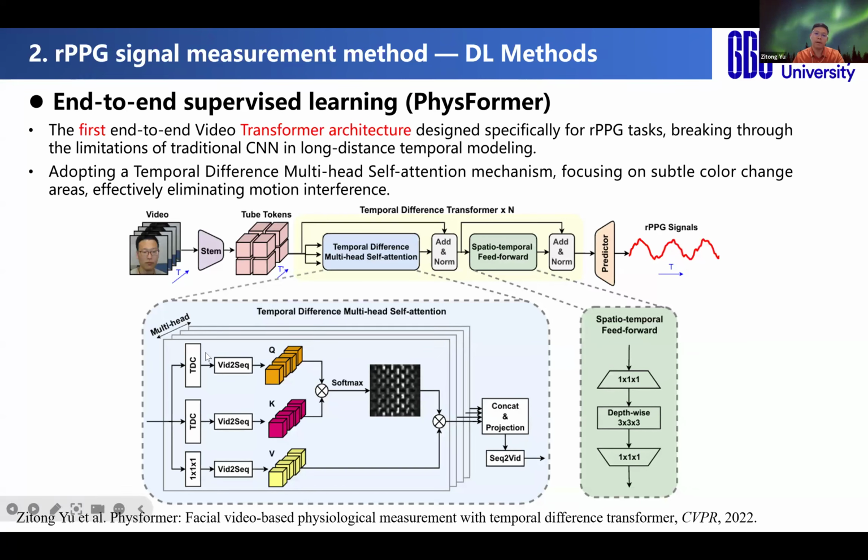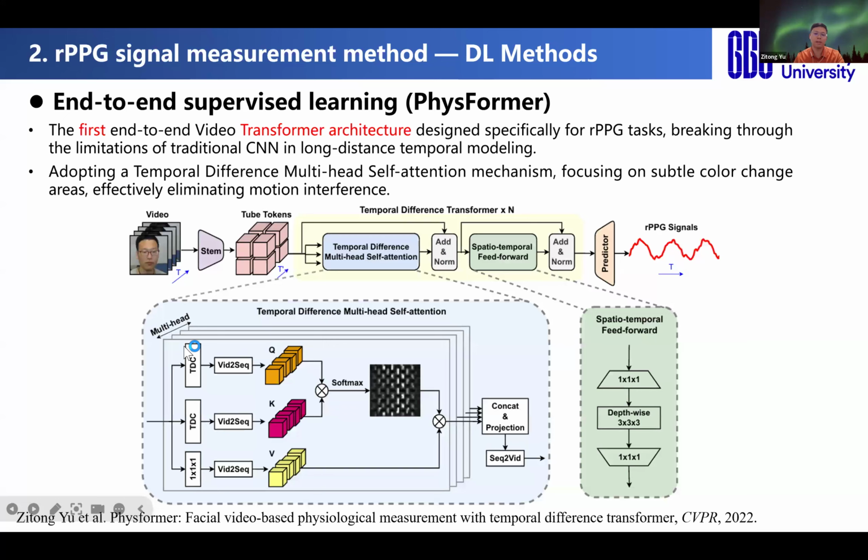After we insert the TDC into the Q and K projection, we can get a more reliable attention map, and we can get better attention performance. If we remove this TDC and just use the multi-head self-attention, this attention map will be very noisy. And after maybe a layer of multi-head self-attention, it will be very hard to converge.